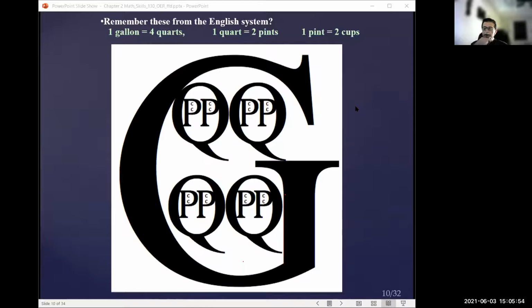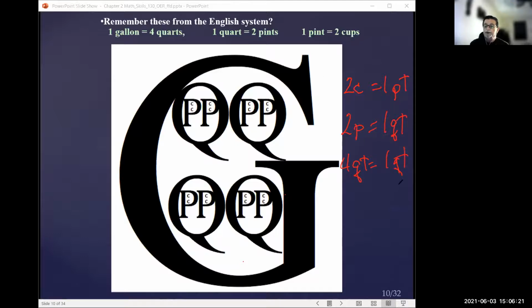And so you have, in effect, using this little image here, your conversion factors, where 2 cups is equal to 1 pint, okay? 2 pints is equal to 1 quart, and 4 quarts is equal to 1 gallon.